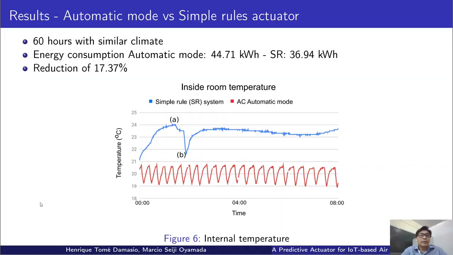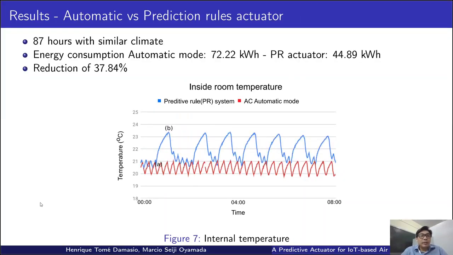At midnight, it turns off the AC unit until the point A, when the internal temperature reaches 24 degrees, and the actuator turns on the AC unit again until the point B, when it turns off the AC unit and the air conditioner unit stays off through the night.